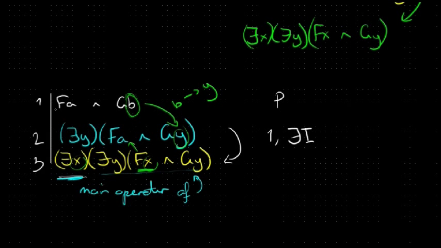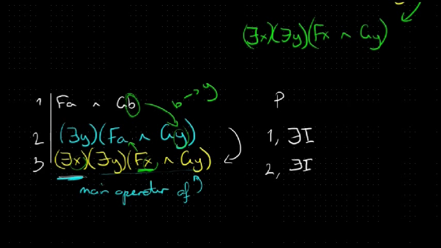Remember, because we're applying it to the whole formula, the existential quantifier has scope over that entire formula. So we changed the B into a Y, added an existential Y to the front, and then we did exactly the same thing on line 2 to get to 3.